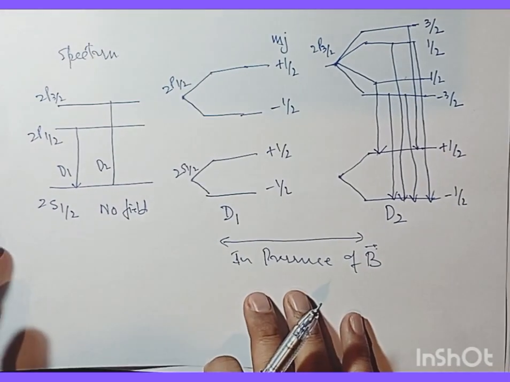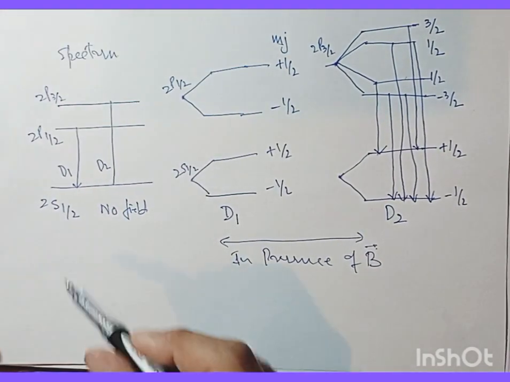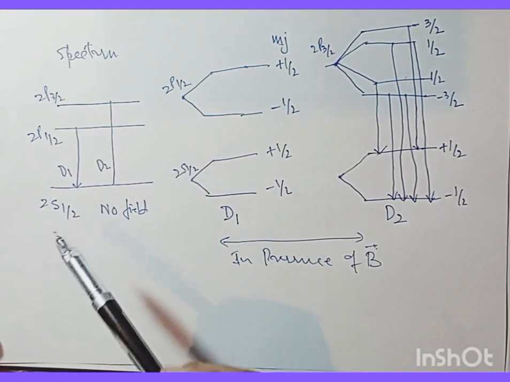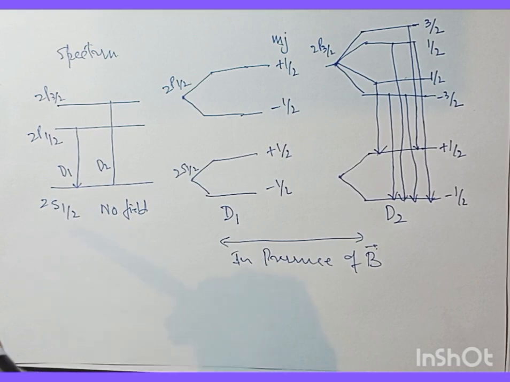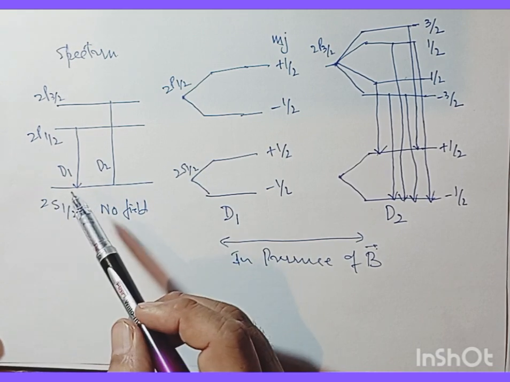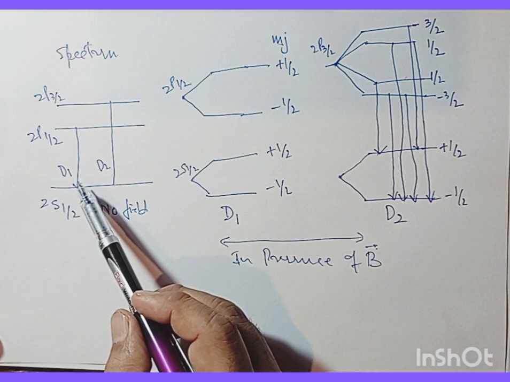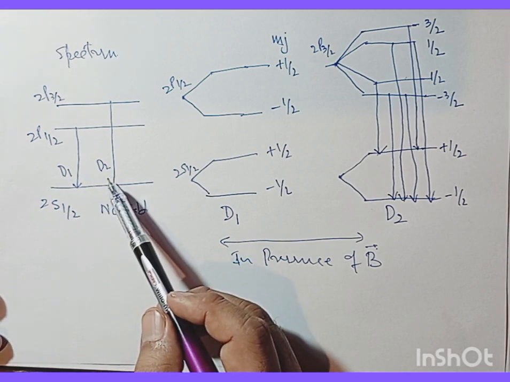Let's go with its spectrum and try to analyze the spectrum here. We have sodium, and for sodium we have two lines in the absence of an external weak magnetic field, the D1 line and the D2 line.